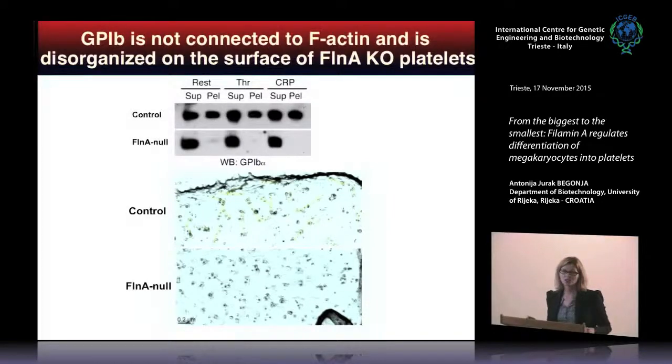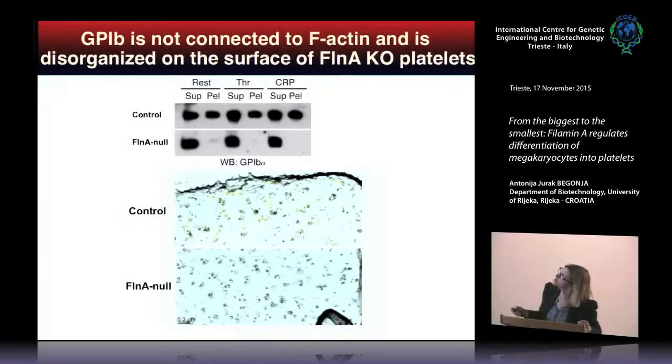So we next checked if this receptor, GP1B alpha, is connected to the underlying cytoskeleton. So how do we do this? We do ultracentrifugation experiments in which we pull down the cytoskeleton, and these are the pelleted fractions of our lysates.